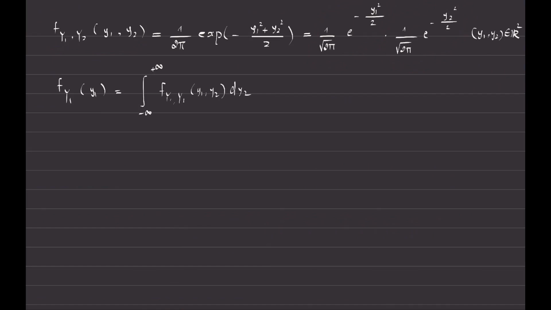It's very simple that you will get this function back. These are standard theorems, so you don't need to do these things because you know that this function is the product of two functions. One is a function of y1 only and the other is a function of y2 only. So y1 and y2 are independent, and these are the individual marginal distributions. So it means that y1 and y2 are both standard normally distributed and they are independent.